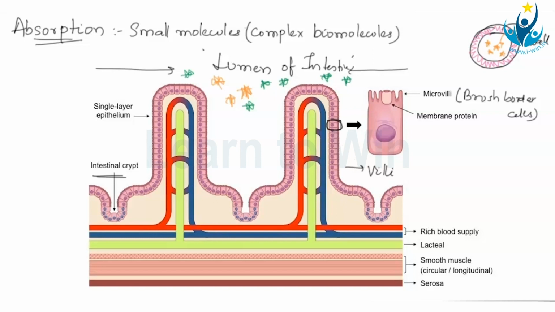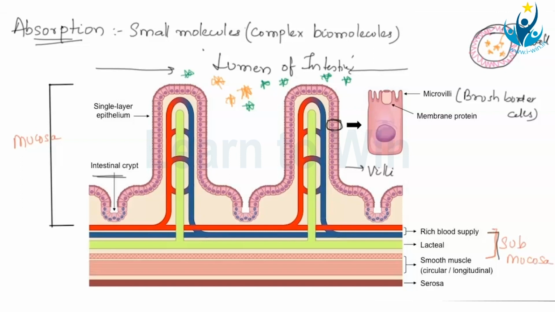So these small molecules first have to pass through the epithelial cells. Now what is this layer? This layer is called the mucosa. Now this here is the submucosa.